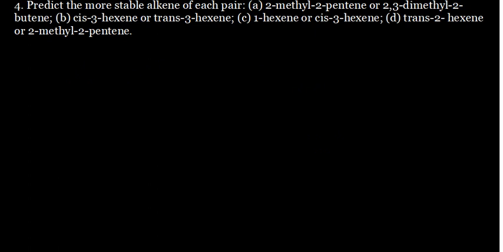And then the last one, we are talking about trans-2-hexene and also the pentene. So 1, 2, 3, 4, 5. Trans-2-hexene, meaning that the position of the double bond is position number 2 there. So you can rewrite this to make it a trans.